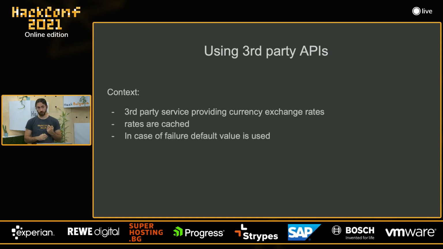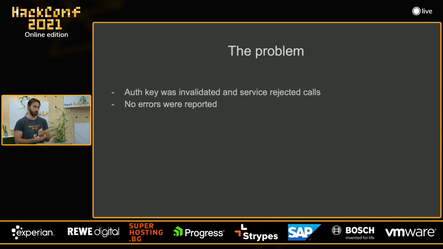That was good. In general, it was working pretty well for several years. Nobody complained. Everybody was happy. Our accounting department was happy with the results. Our customers were able to purchase products from us. Everything was fine. The problem was that at some point our authorization key was invalidated and the service started rejecting calls.